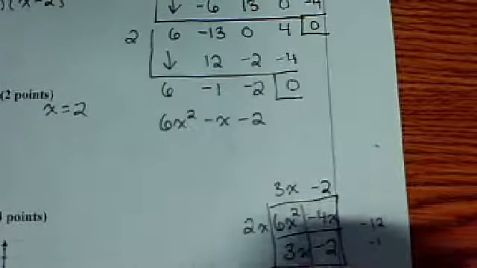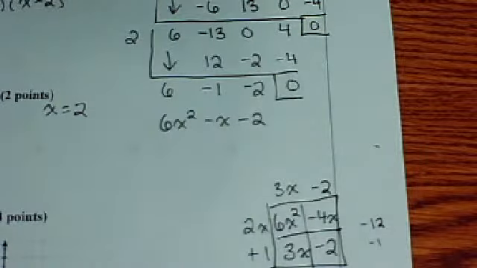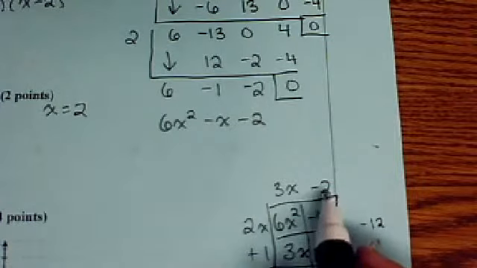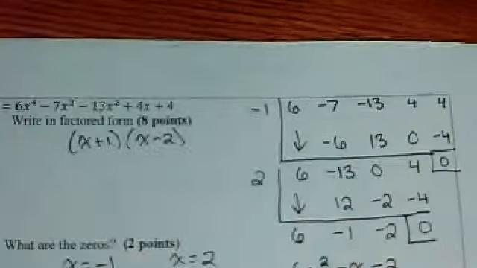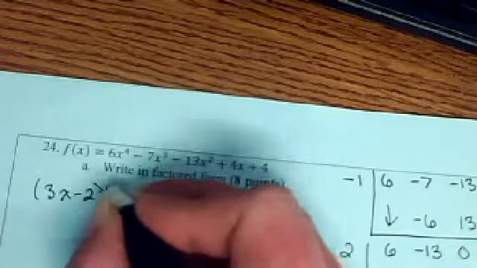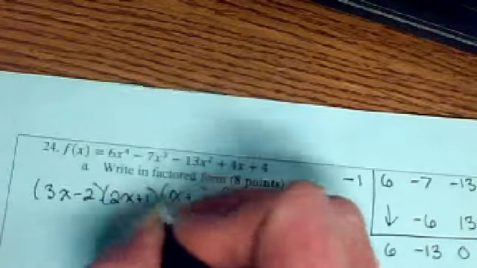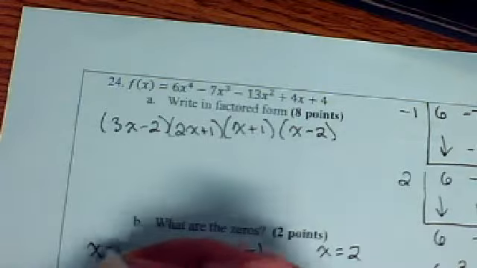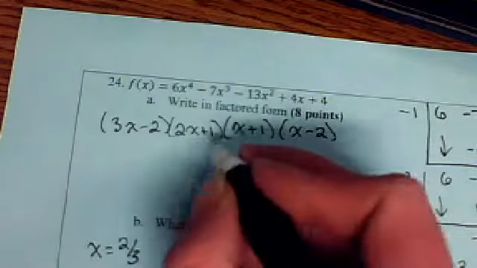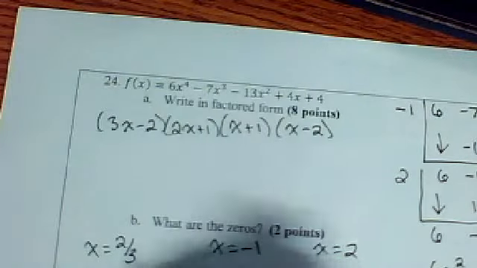That would have to be a negative 2 and a positive 1. So my other factors are 3x minus 2 and 2x plus 1. That means my solutions, I would have 2/3 and a negative 1/2.